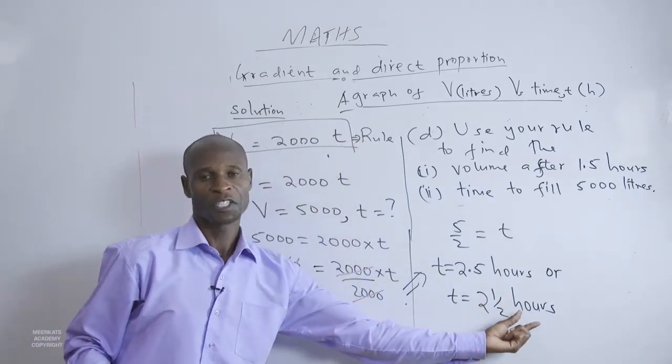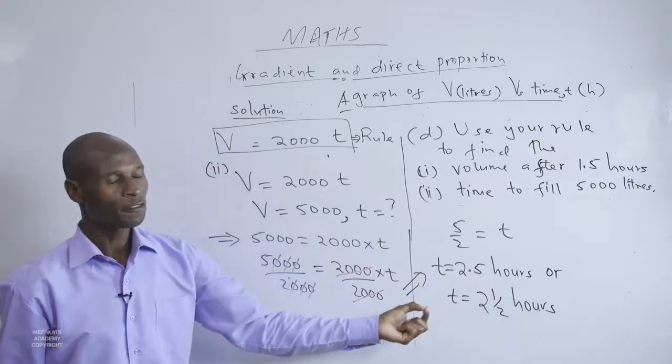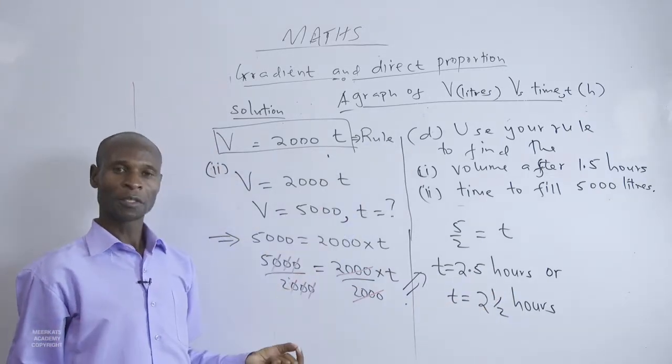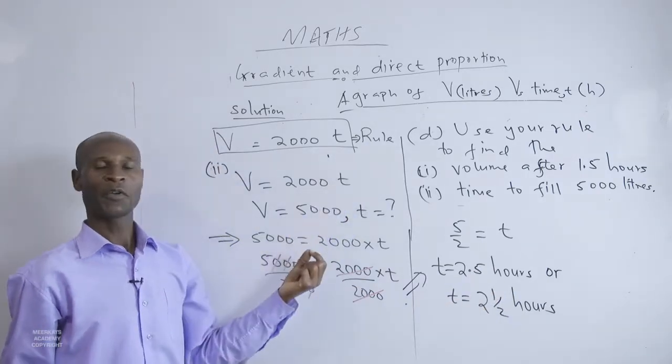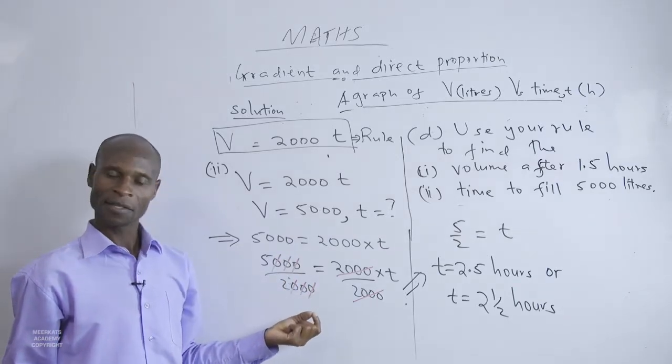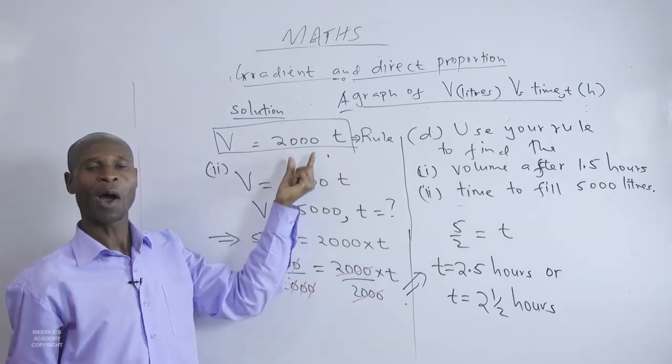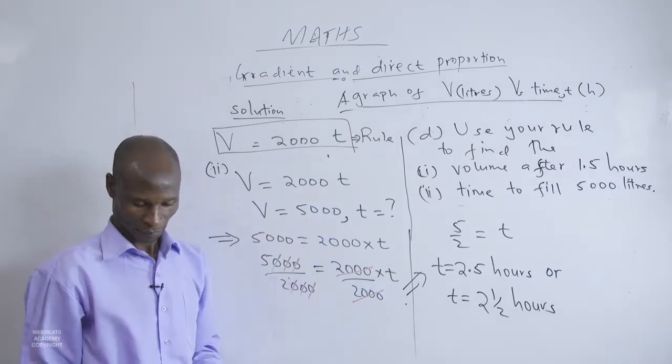Where do we get the unit for time? The unit for time is obtained from the question, because whatever we have been doing, we have been working out time in hours, and the volume was being worked out in liters.